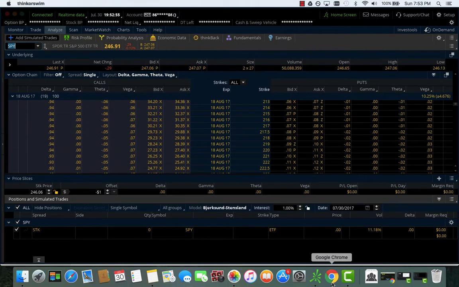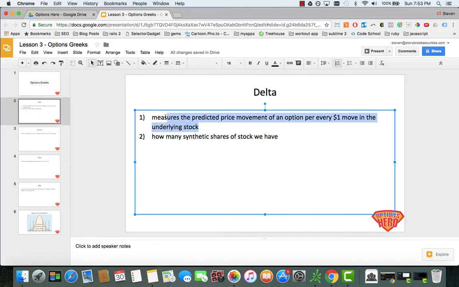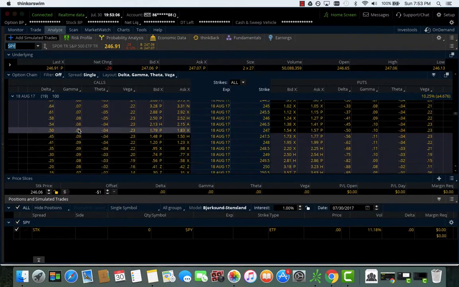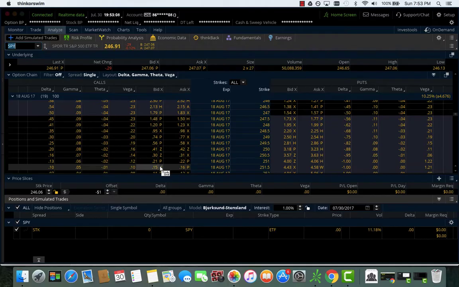So we said that it measures the predicted price movement of an option per every $1 move in the underlying stock. Great. So let's see this. Let's go find a call. Let's look at the 249 call. It has a 30 delta. Keep that in mind.